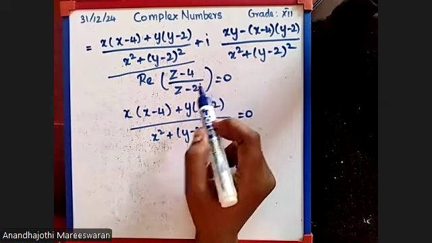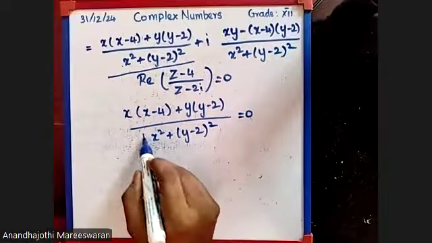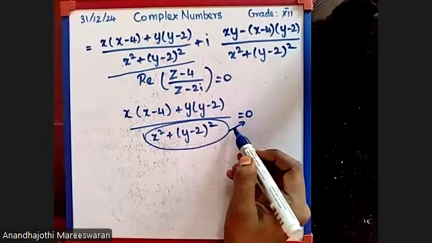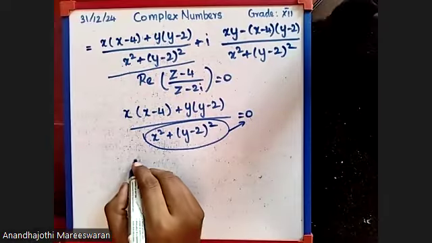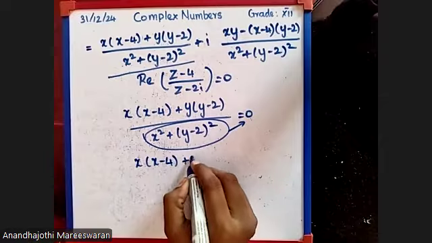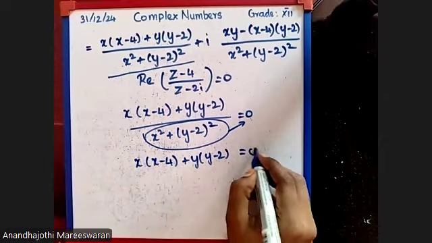So we solve this and find the real part. Now I am going to take the entire denominator to this side. Anything multiplied by 0 remains 0. So x multiplied by x minus 4 plus y multiplied by y minus 2 equals 0.